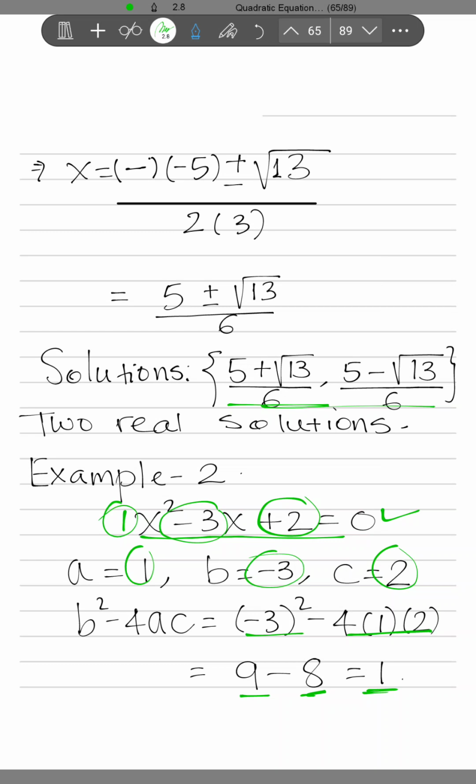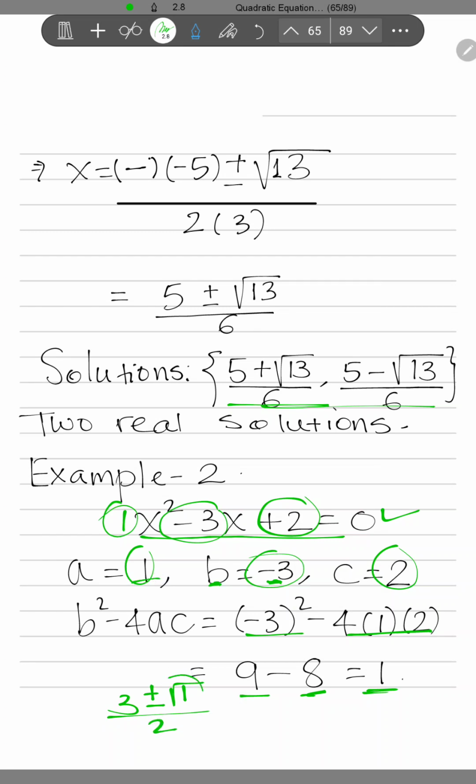The general formula for a quadratic equation is minus b plus or minus square root of b squared minus 4ac divided by 2a. Minus b is minus 3, then minus b is 3. 2 times 1 is 2.